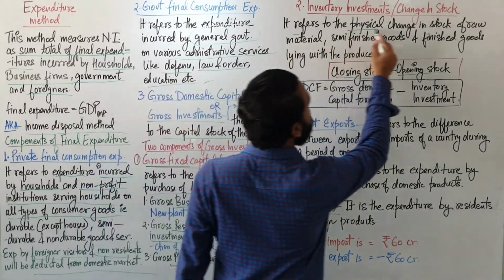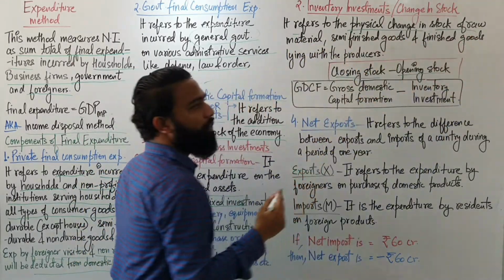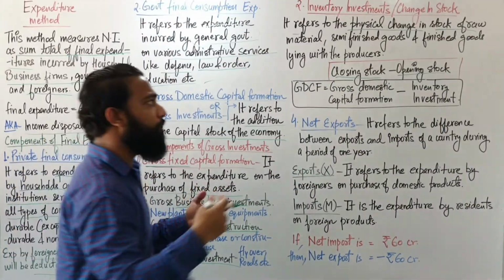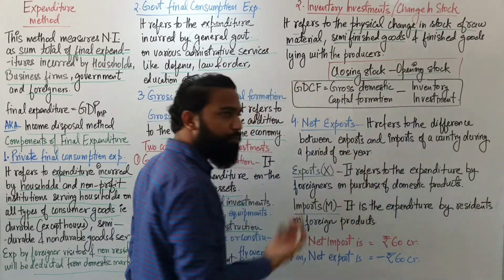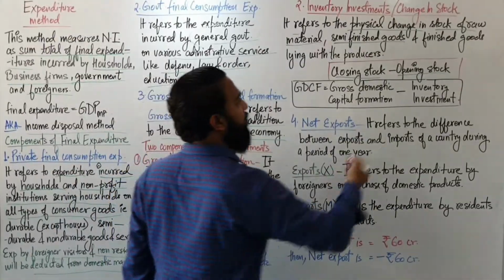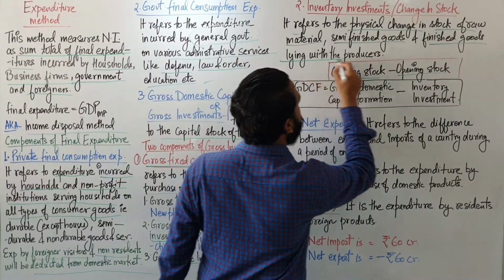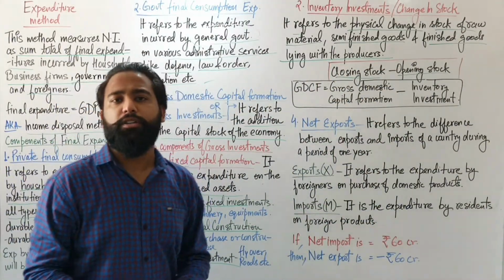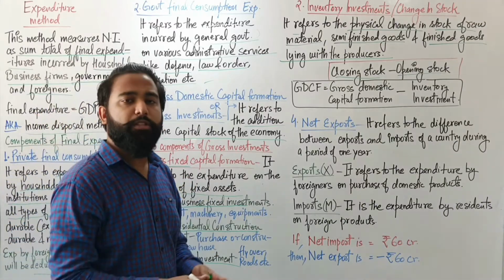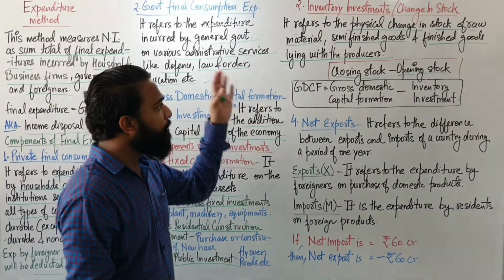It refers to the physical change in the stock of raw materials, semi-finished goods which are incomplete, intermediary goods, and finished goods lying with the producers. All those finished goods which have completed their production process but have not been sold, and are still remaining with the producers.